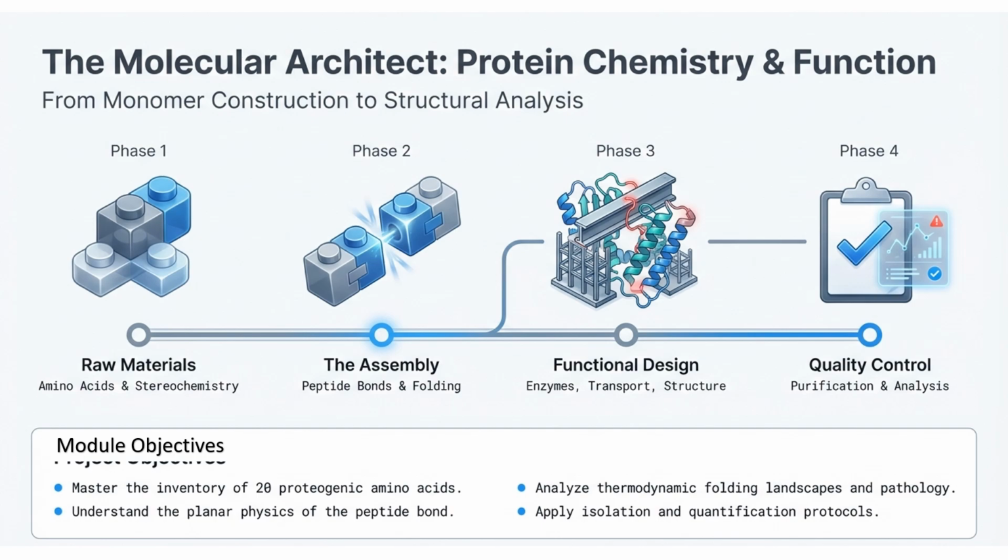Describe peptide bond formation and its implication for protein structure. Understand protein structure at 4 levels, from primary to quaternary structure. Distinguish fibrous, globular, and membrane proteins. And finally, outline the basic methods of protein purification and quantification.